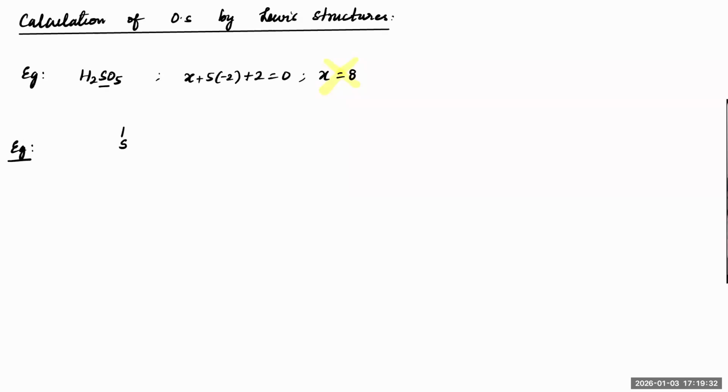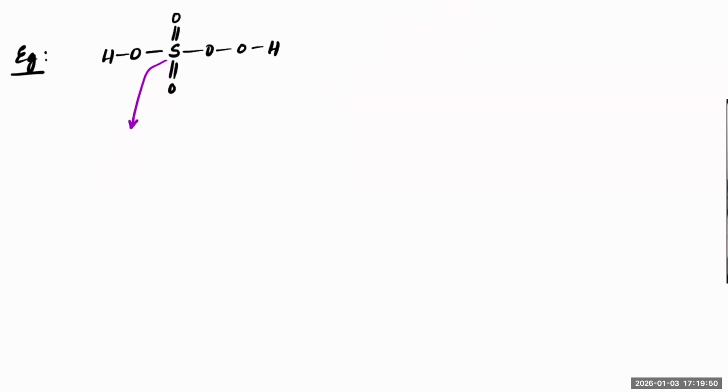Structurally, H2SO5 is like this: S double bond O, double bond O, O and H, and here we have O, O and H. That's how we got it. Now notice I'm using the electronegativity here.